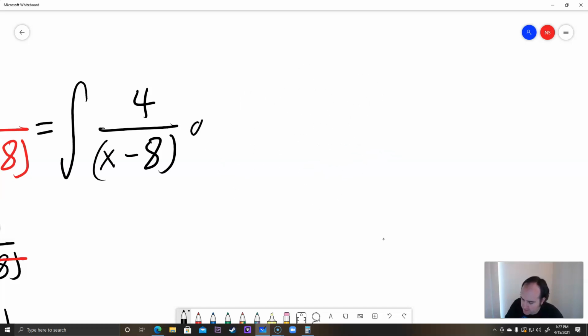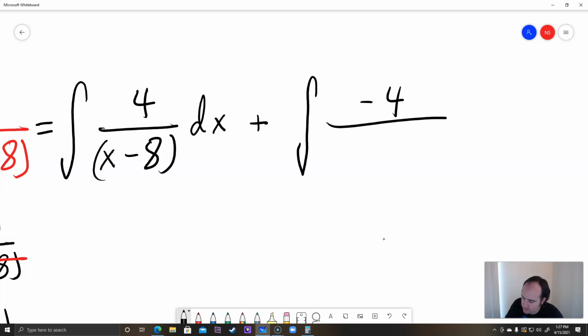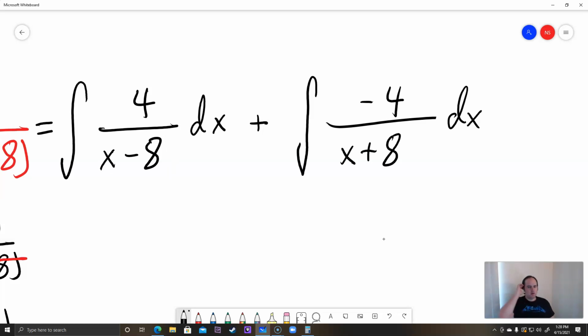So we have the integral of 4 over x minus 8 dx plus the integral of negative 4 over x plus 8 dx. And we don't really need those parentheses in the denominator anymore, so I'm going to get rid of those. Both of those are definite integrals, but I'm not bothering to write that until the very end.